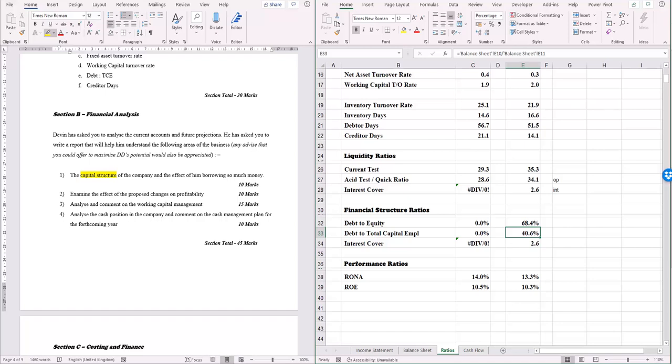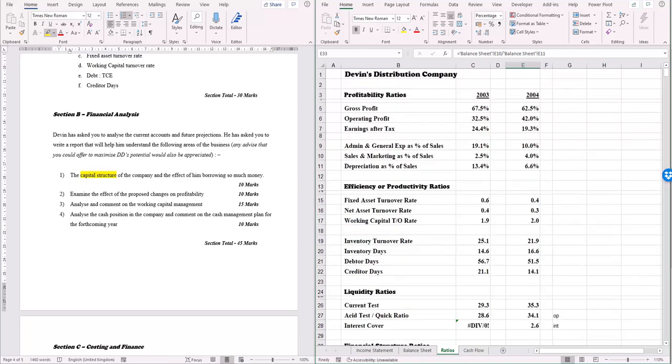All right, examine the effect of the proposed changes on profitability. Well, this is quite interesting because at the operating profit level they become better off. It's more efficient to do this, and part of that is because the depreciation expense comes down so much. So the overall expenses come down, therefore the profitability goes up.